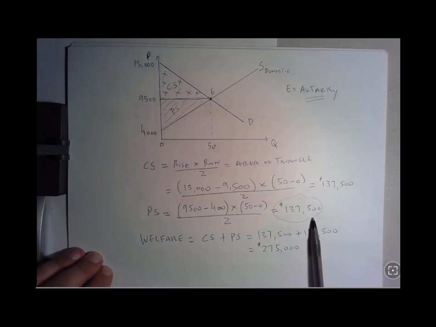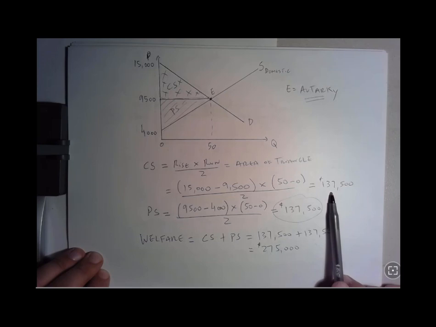However, the overall economy benefited from opening the borders to trade, and particularly the consumers. Note, the consumers start when it's a closed economy with 137,500 bucks, and the economy as a whole had a welfare of $275,000.